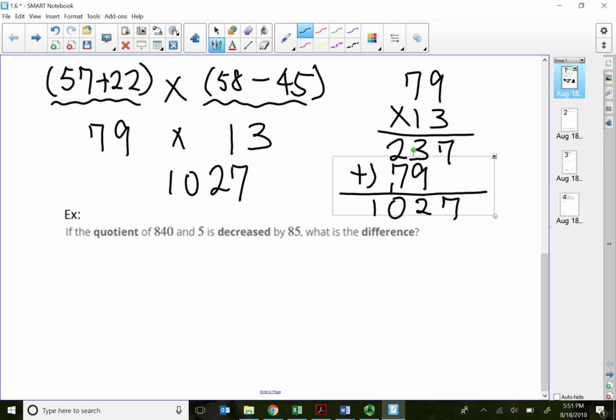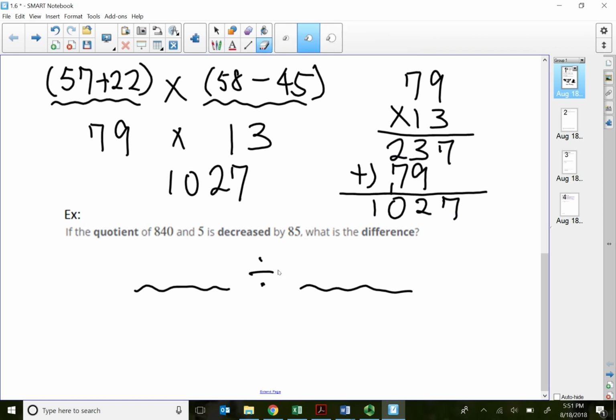The quotient. The quotient means division of, so when I write a division, there's got to be something in front of it, something behind it. Oh, this one is a little bit different.